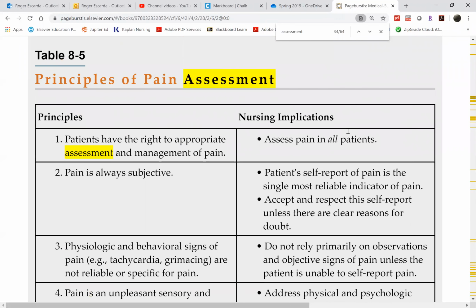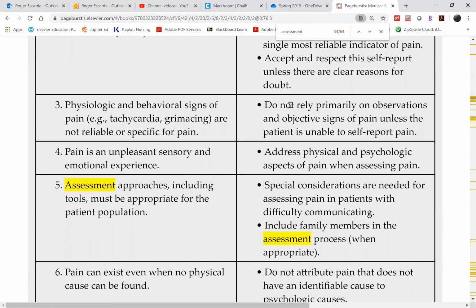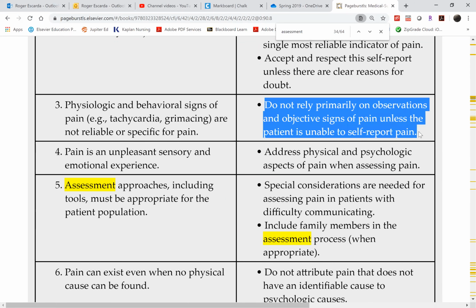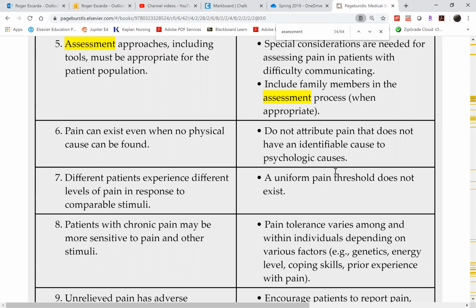So here's table 8-5, another principle of pain assessment. I think this was, who asked this earlier? That was me, Tasha. Oh, okay. So here, do not rely primarily on observations, okay? Unless the patient is unable to verbally report pain.